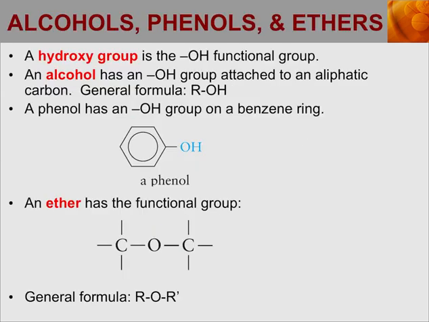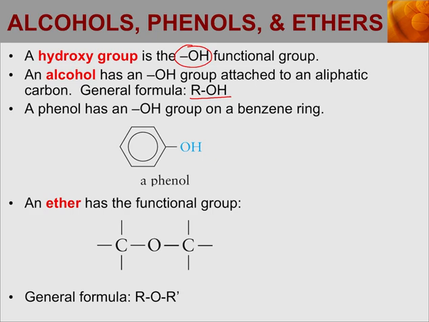So just as review, a hydroxy group is the OH functional group. And an alcohol has an OH group attached to an aliphatic carbon. So the general formula is ROH, where R is an aliphatic carbon group.